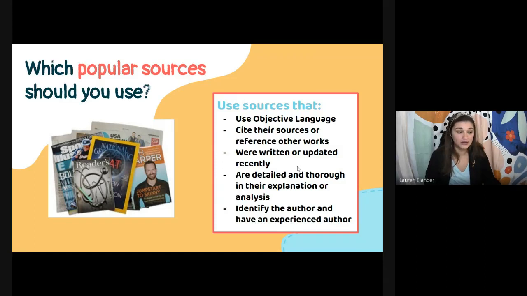They were written or updated recently. So we don't want to look at an article from 2 months ago if we have one written similarly about today's climate. That they are detailed and thorough in their explanation or analysis, that they offer counter views, and they give the details that matter. And also that they identify an author and you have an experienced author.